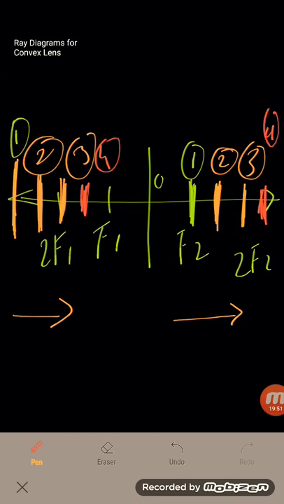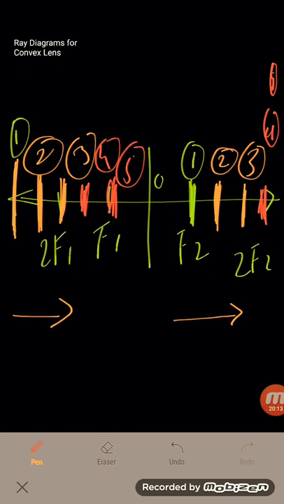Are you getting it? Right? If the object is at f1, this is the fifth position. Now what after beyond 2f2? It's infinity. Fifth is infinity, right? So go on sliding except for the last one.